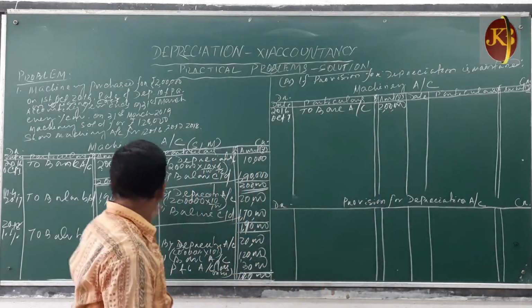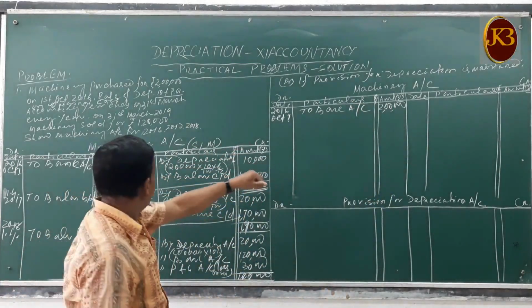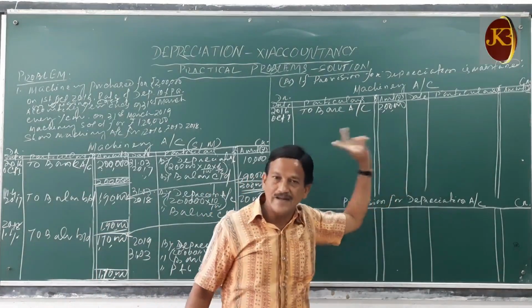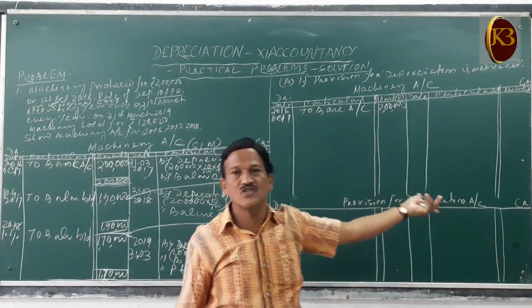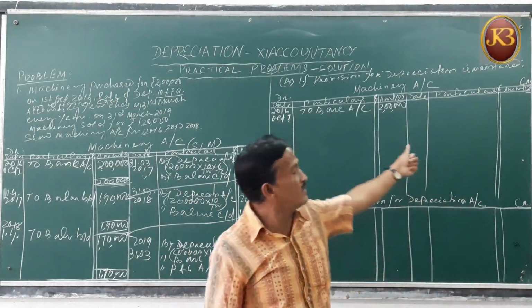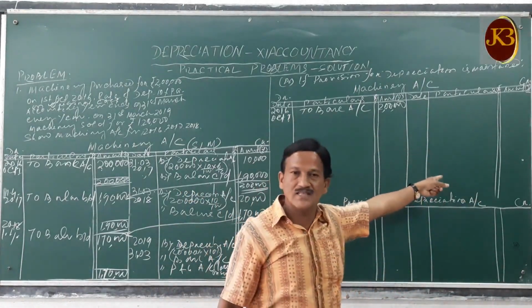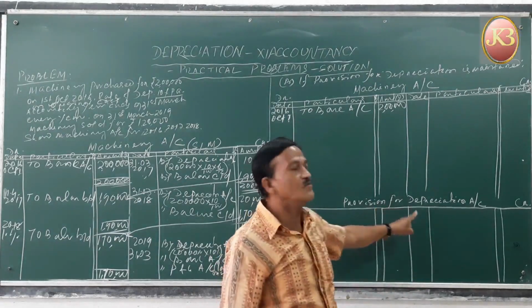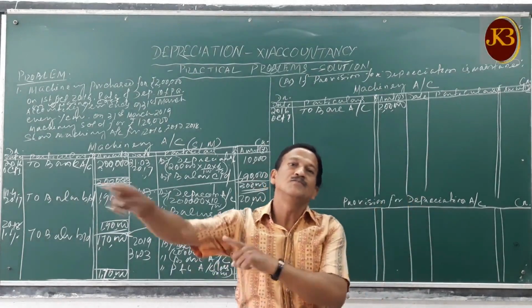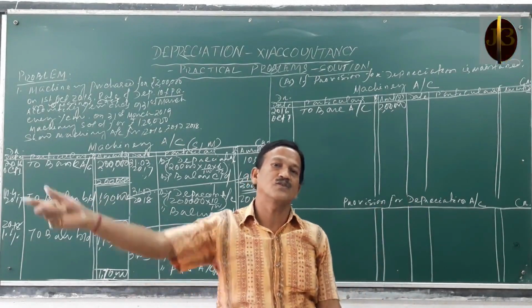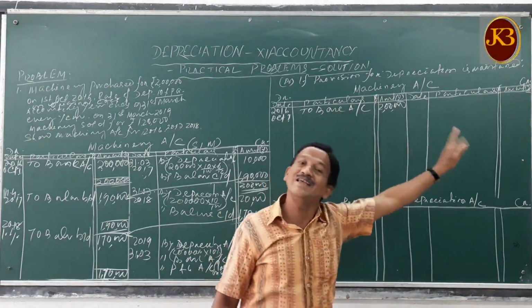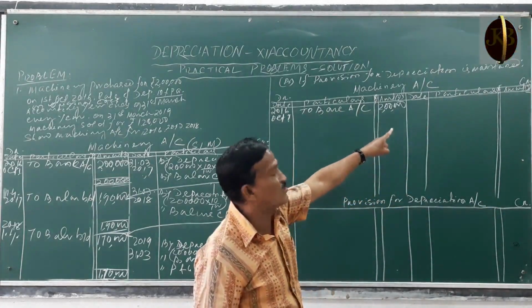But here depreciation is not directly charged to the machinery account. Rather, it is transferred to the provision for depreciation, and then the provision is transferred to the profit and loss account. So machinery will be shown at the same price, with no depreciation shown here.